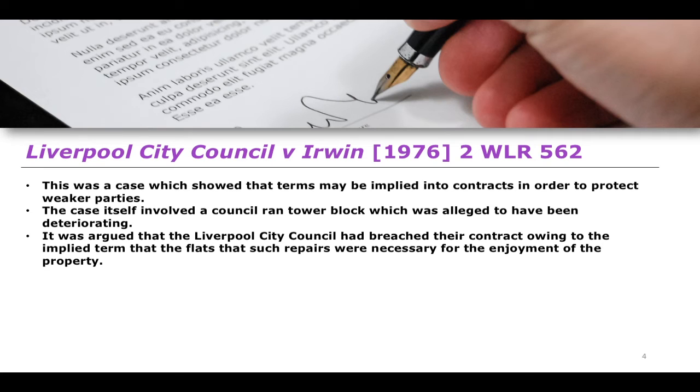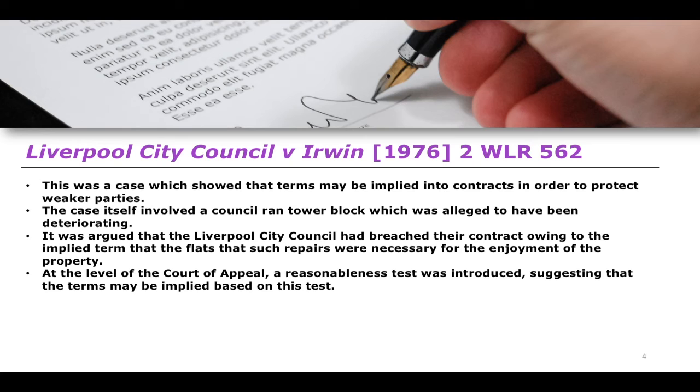So by reference to the fact that they had owned and run this tower block, the Liverpool City Council were therefore in breach of their obligations, as they had a duty implied into the contracts to make necessary repairs for the enjoyment of the property.